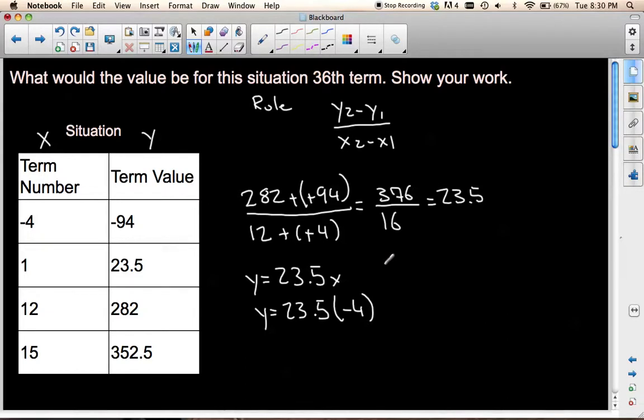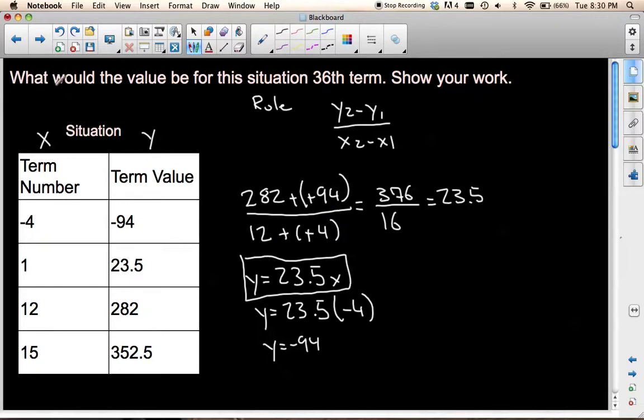So y is equal to negative 94. Okay, so we were able to test it, and it works. So we know that this 23.5x is a good rule.